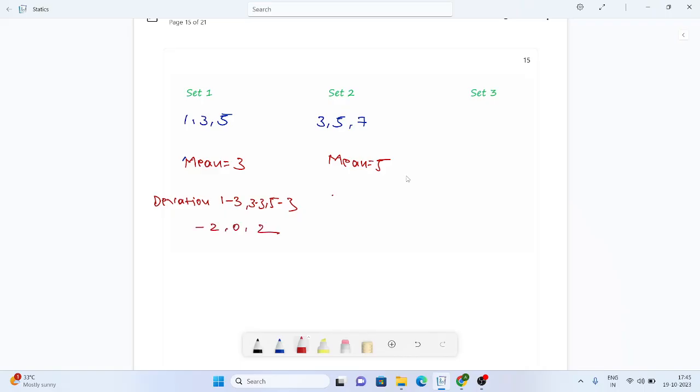Here I calculate the deviation as 3 minus 5, 5 minus 5, 7 minus 5: minus 2, 0, 2. So you can say that standard deviation of set 1 will be equal to standard deviation of set 2, right?